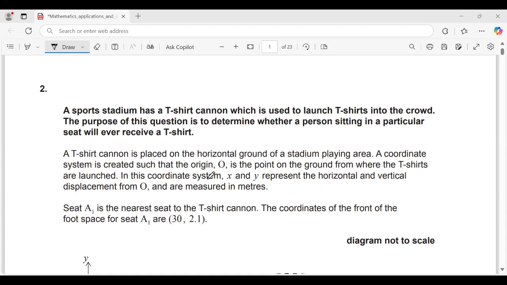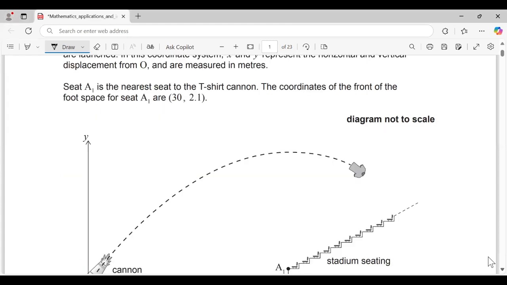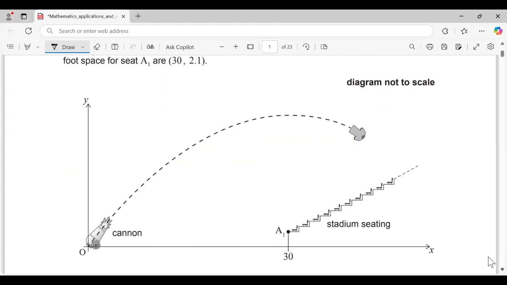In this coordinate system, x and y represent the horizontal and vertical displacement from O and are measured in meters. Seat A1 is the nearest seat to the T-shirt cannon. The coordinates of the front of the foot space for seat A1 are (30, 2.1). That is the diagram.